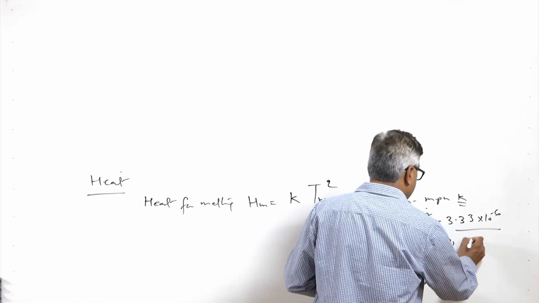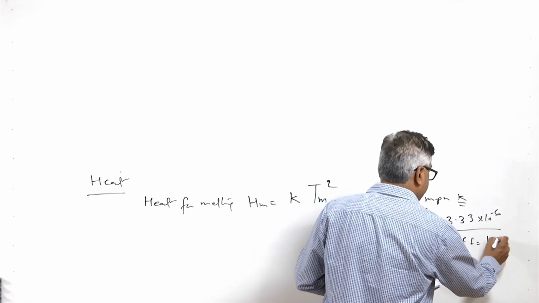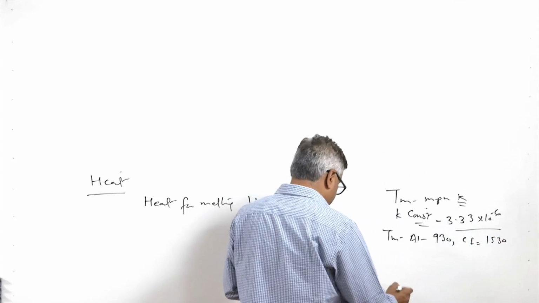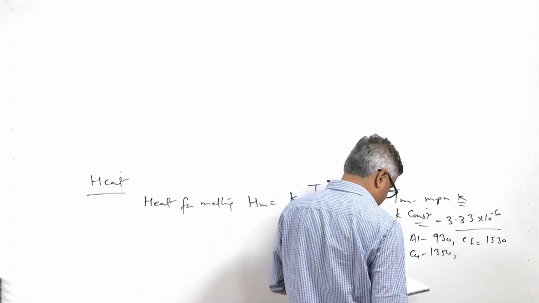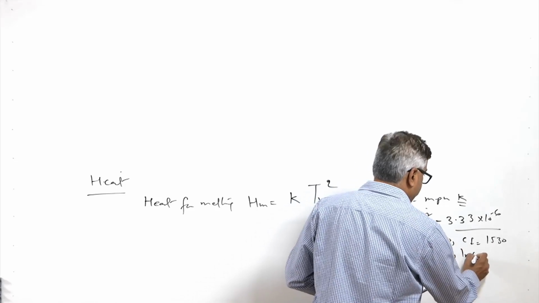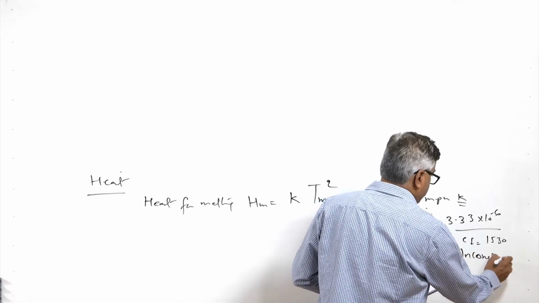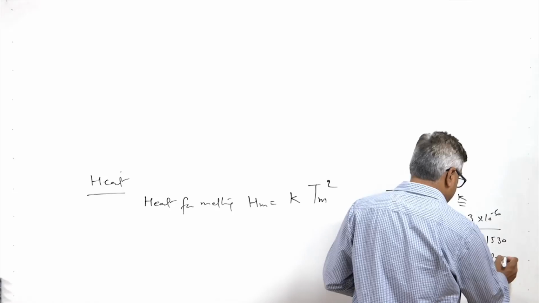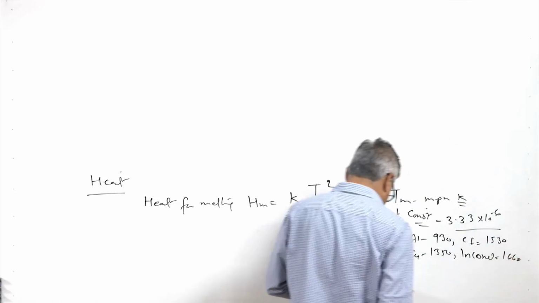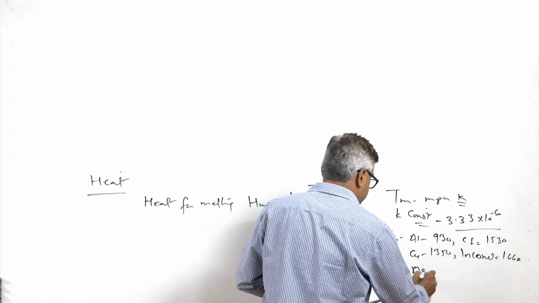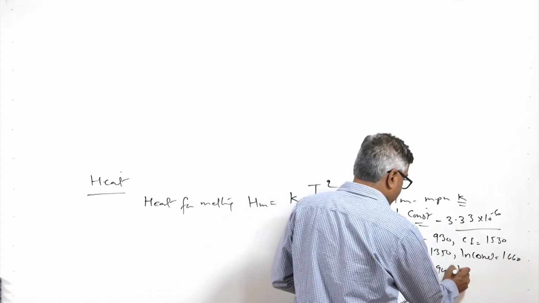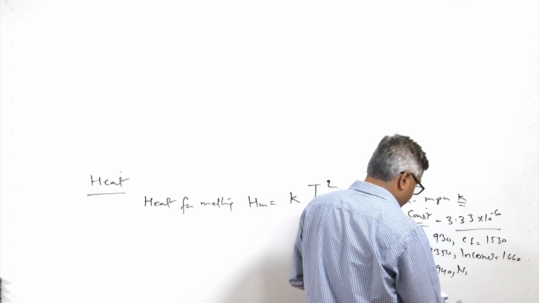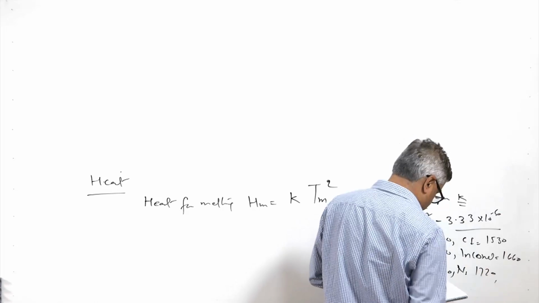For cast iron it is 1530. For copper it is 1350. For Inconel, one of the very commonly used commercial metals, it is 1660. For Mg it's low, 940, and for nickel it's 1720.